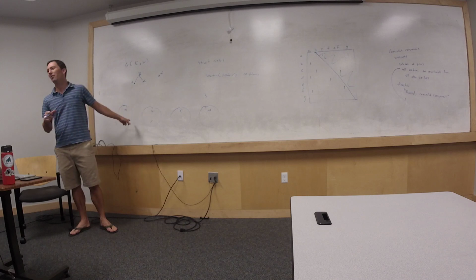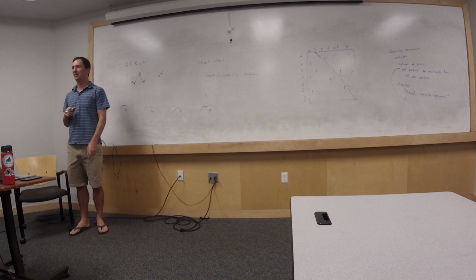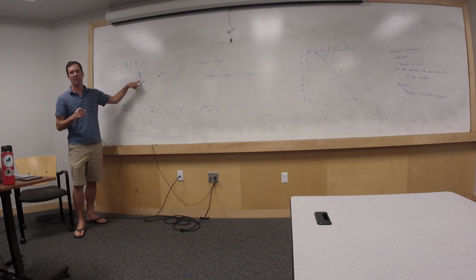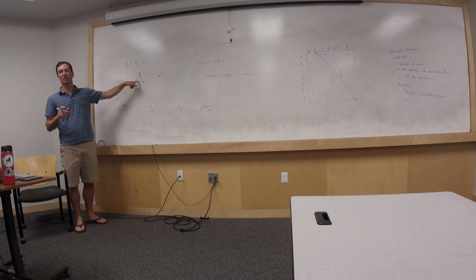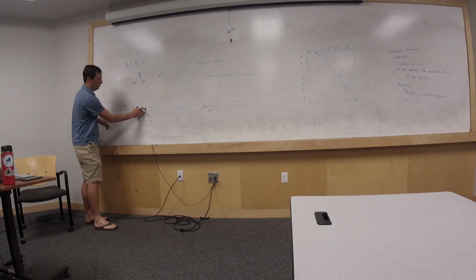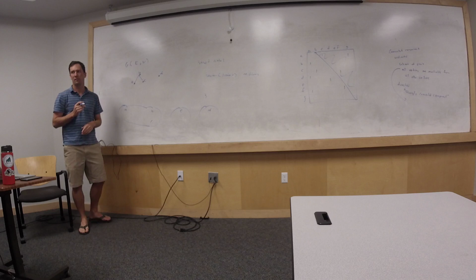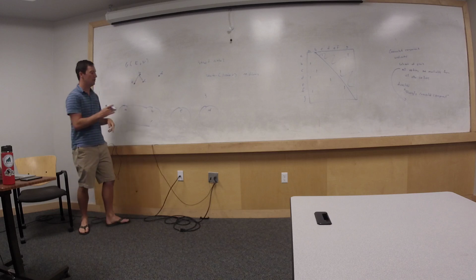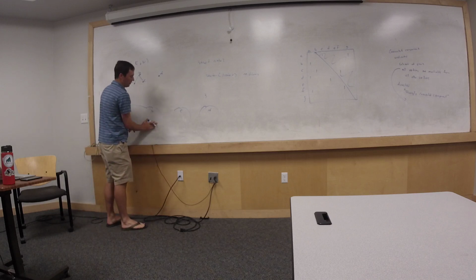This is obviously wrong, so how do I correct it? When I see an edge, I just join them. A and B have an edge between them, so I'm going to merge these two. B and C have an edge, so I'm going to merge the components they're in.